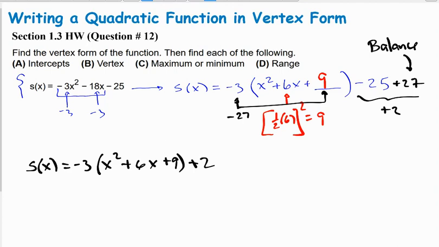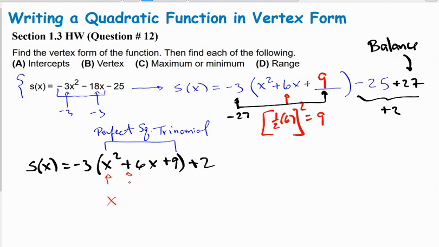Now, completing the square creates what is known as a perfect square trinomial. And perfect square trinomials are very easy to factor. That is why we use completing the square. We are forcing a condition that is easy to work with. And to factor it, you take the square root of the front term, which is x.